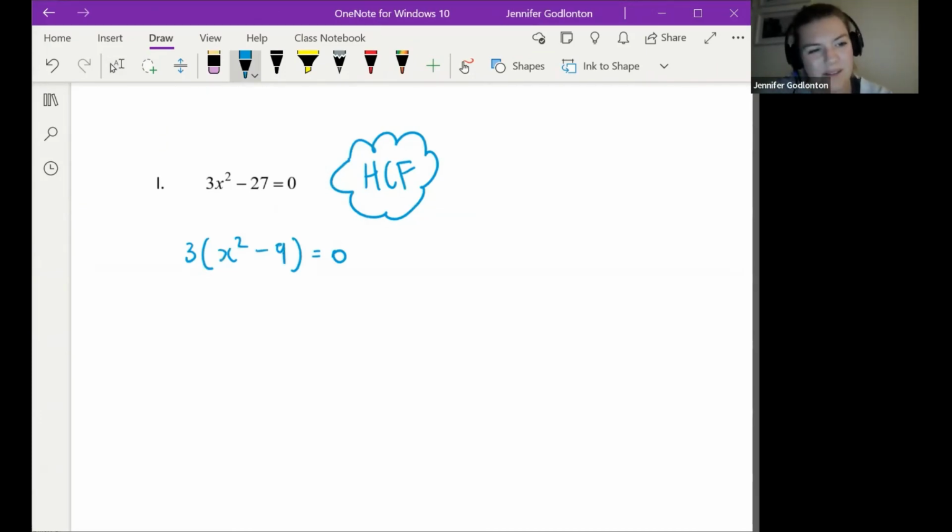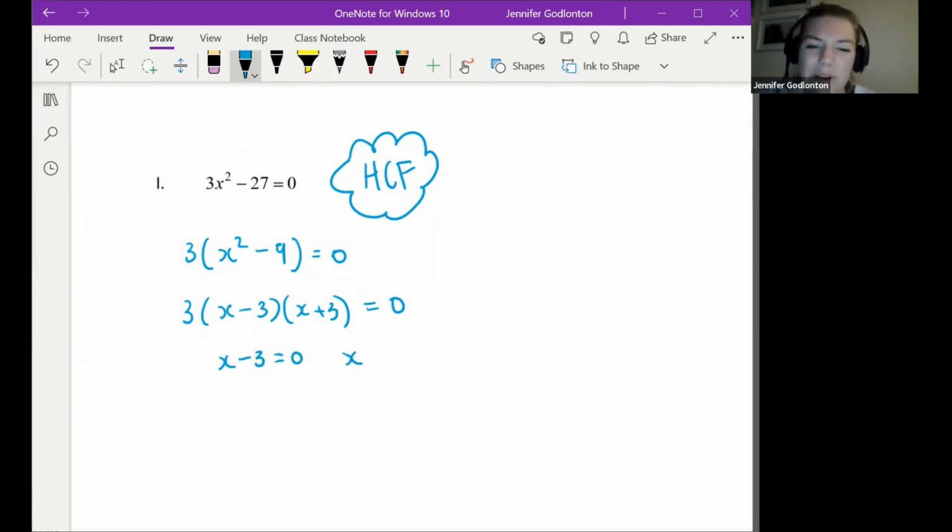And then we're going to keep our 3 and then do dots. Okay. What are those going to look like? X minus 3 and x plus 3. Beautiful. Is equal to 0. Good. Okay. And then x is equal to 3 or x is equal to negative 3. Beautiful. What about that 3 that's chilling on the outside? What about this guy? What do I have to do with him?